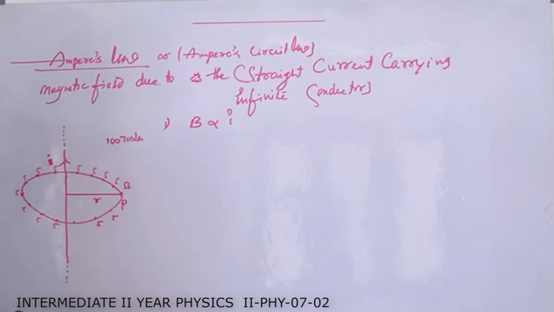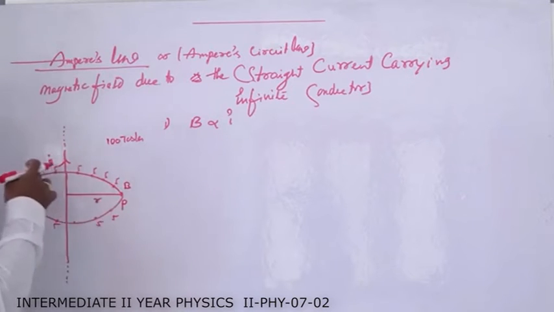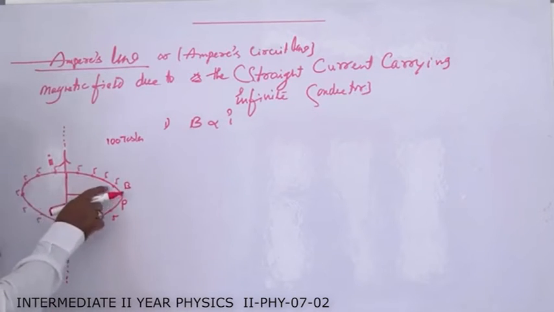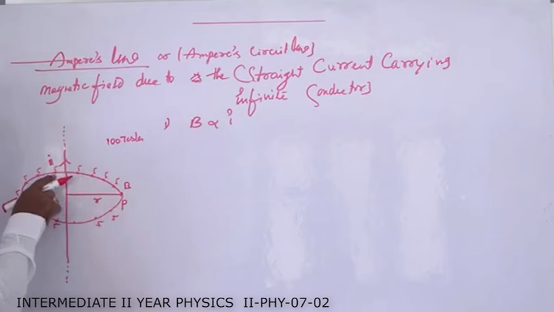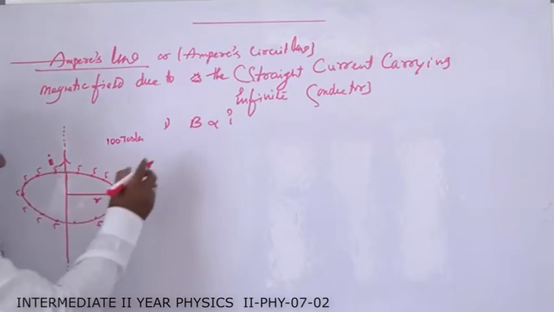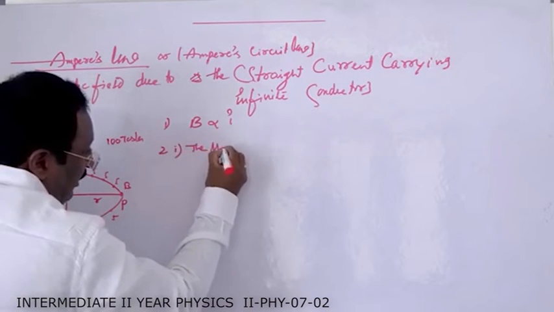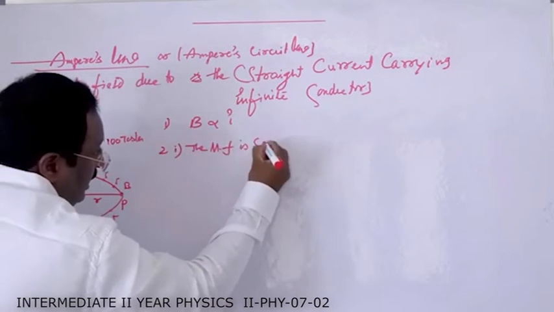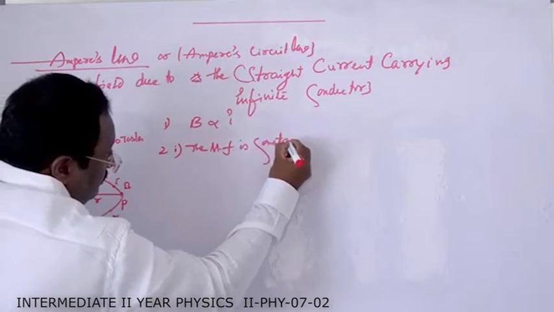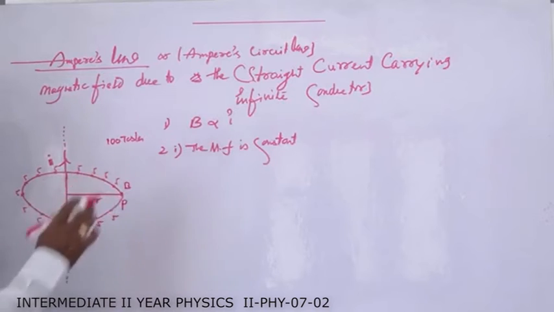How is this magnetic field distributed? In the form of a closed circuit. So at each and every point, the magnetic field is constant on the circular loop of radius r.